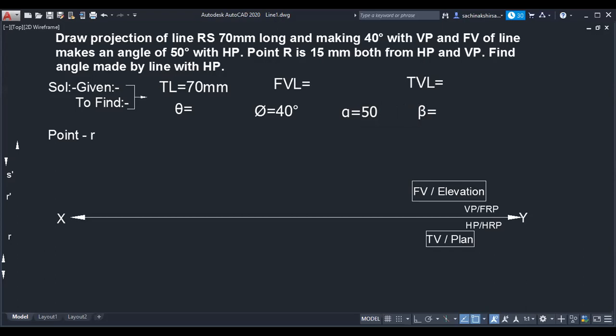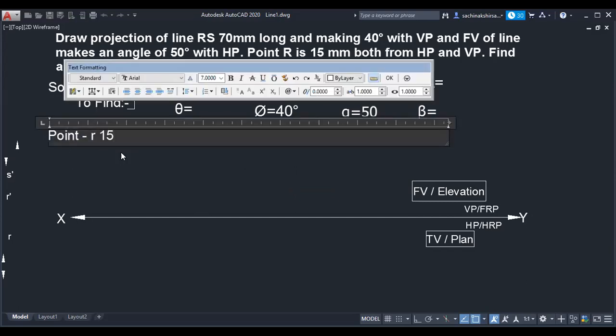For the line, point R is given. What is the location of point R? 15 mm from both HP and VP. So the location of point R is given. I will write simply 15 mm from both HP and VP.